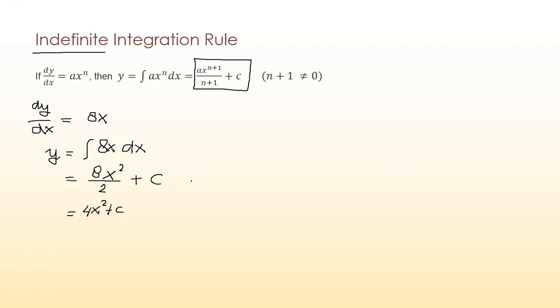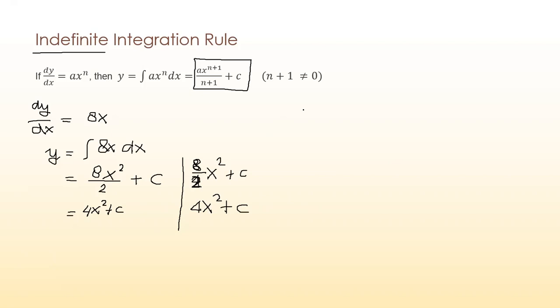Some mathematicians usually write it like this: 8 over 2 x squared plus c, so it becomes 4x squared plus c. I think that is clear.